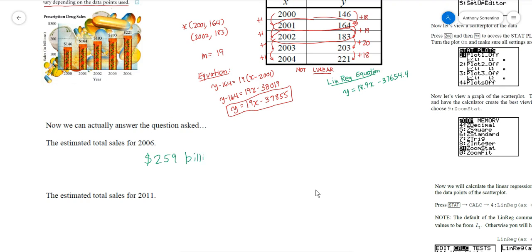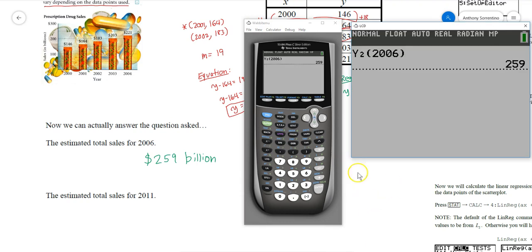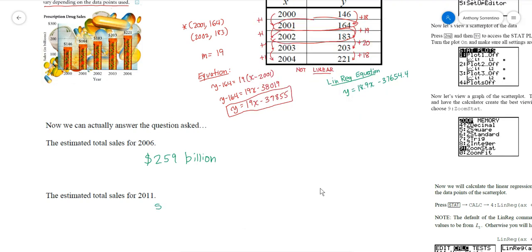I have to make sure I am putting the right units in. It's dollars, and it's in billions of dollars. And likewise, I can do the same thing, except now put in the 11. And I get 353.5 billion. And that's in billions of dollars again.